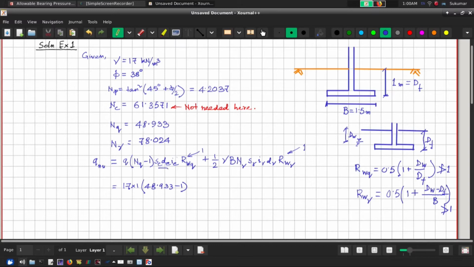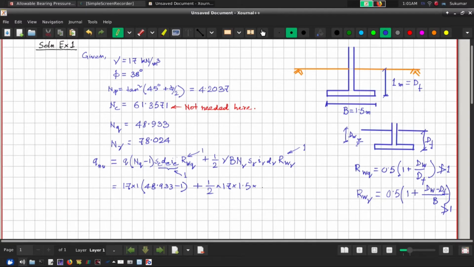So all these factors will be just 1. So the first term will comprise only of this value, and the second term will be half times gamma is 17 times B is our 1.5 meter, then N gamma is how much?